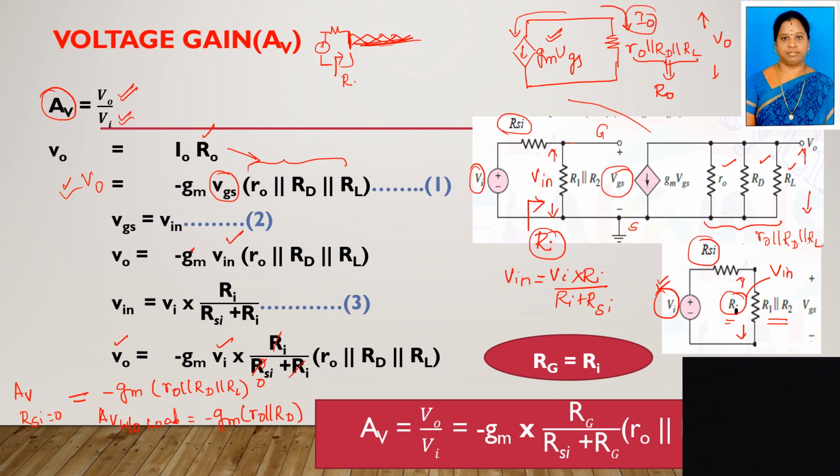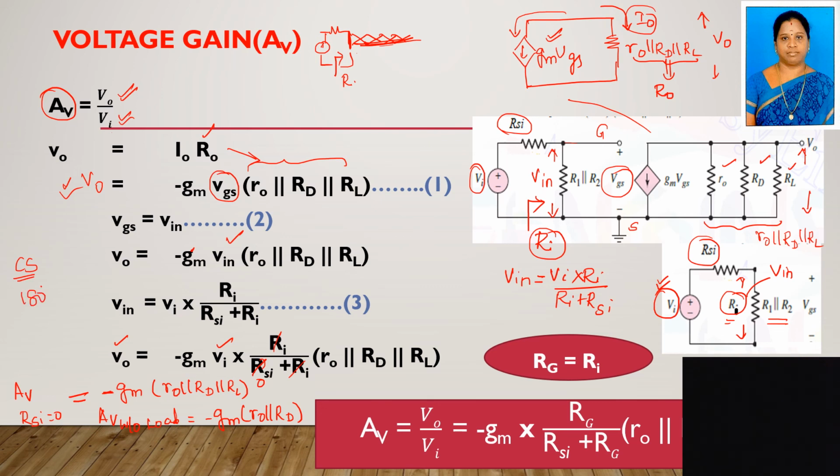With this, I'm going to wind up the session. One more thing you have to know is why this minus. Only this amplifier produces a 180-degree phase shift. We have three configurations: common source, common gate, and common drain. Out of these, only the common source amplifier produces the 180-degree phase shift.